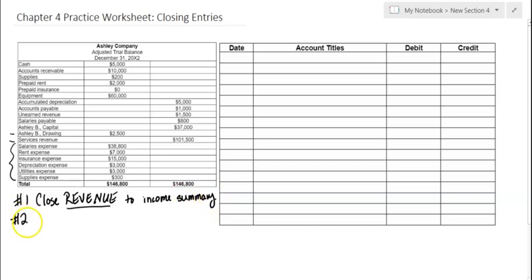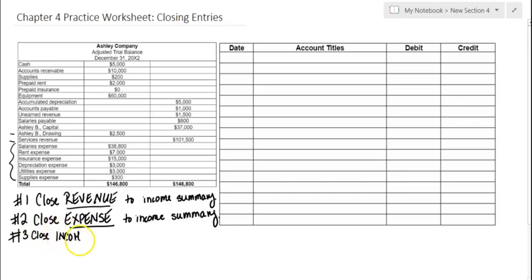Our second closing entry will close all of our expense accounts to that special income summary account. Number 3, we will be closing our income summary account to our capital account.